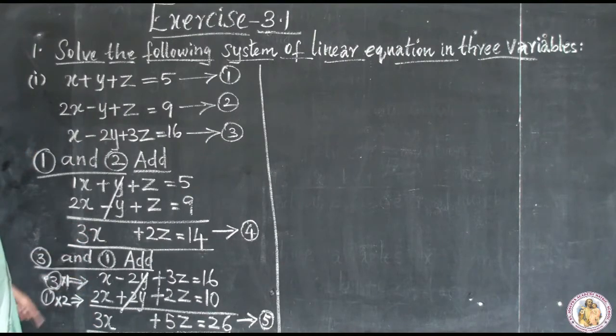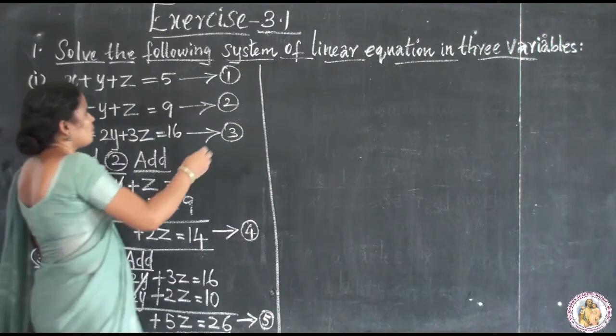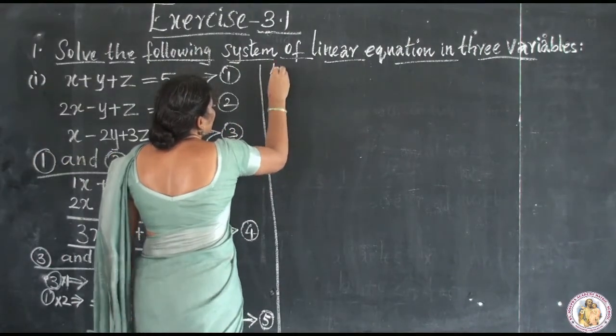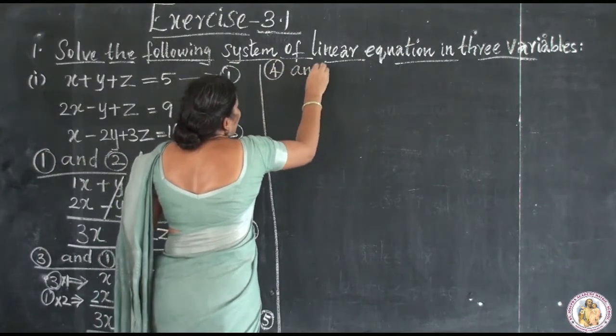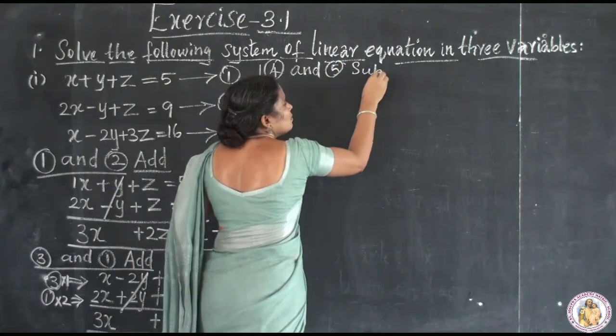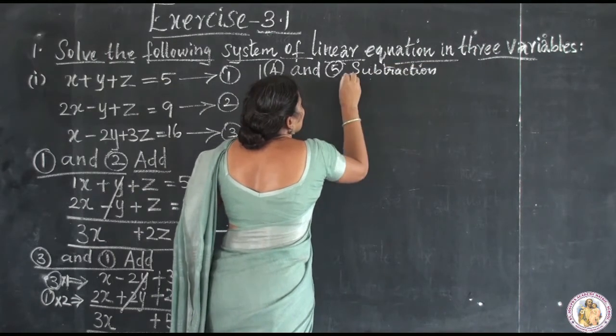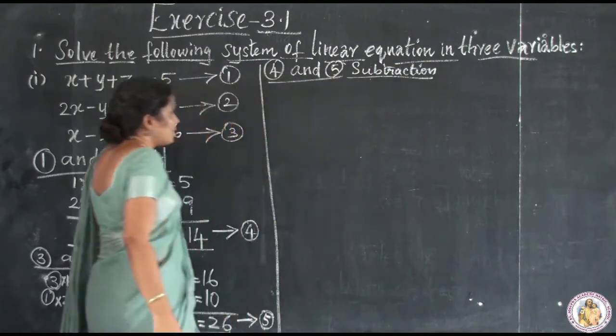So we can select cancelling 3x. We have the same symbol, 3x and 3x. If we add, it will go as 6x, so we have to subtract. Take the fourth and the fifth equation and write, as we are going to do subtraction. Subtract the fourth and the fifth equation.